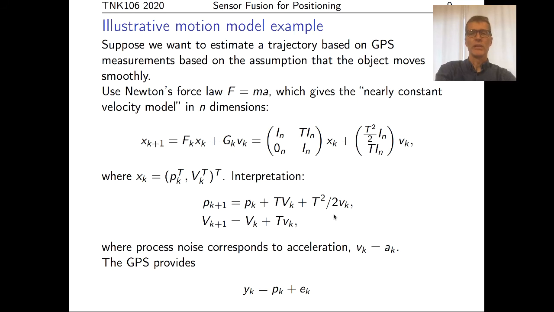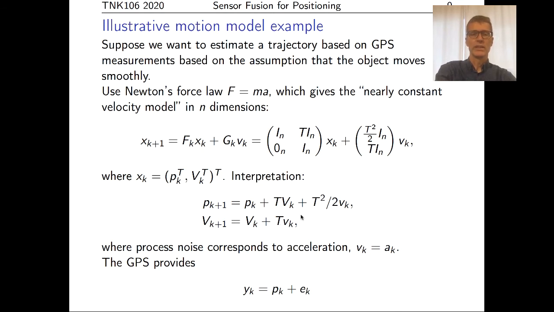And then we have the process noise that corresponds to the deviation from a straight line motion, which is multiplied by the sampling interval squared over 2. While the speed at the next time is equal to the current speed plus the process noise times the sampling interval.